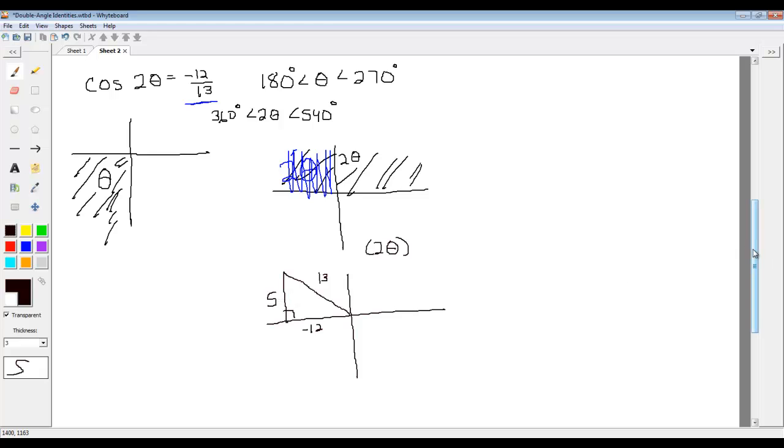Maybe work with that. Using this, let's find all 6 values here. Find all 6 trig functions of theta.